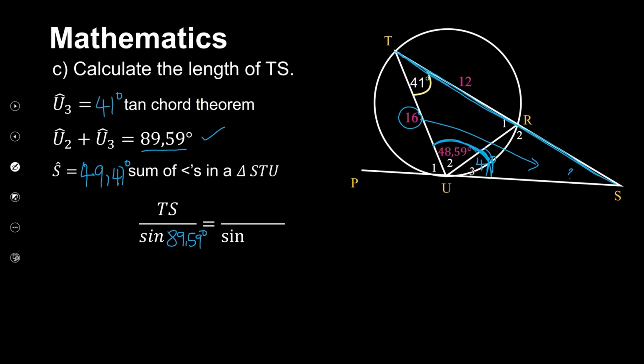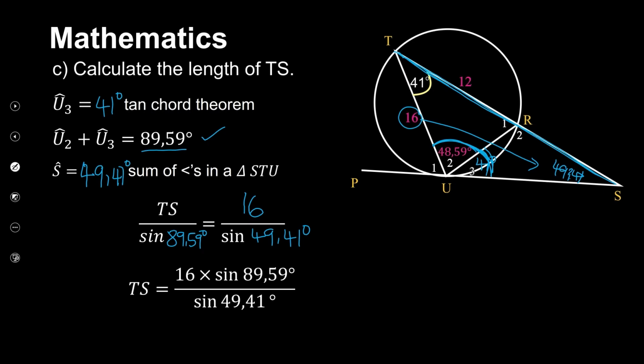And the angle across it was the angle S that we just found, which was 49,41. So it's going to be 16 over sine of 49,41 degrees. Okay, now we're going to rearrange that to make TS the subject of the formula. So it will be 16 times sine of 89,59 degrees divided by sine of 49,41. Put that into our calculator, and we end up with TS being approximately 21,07 centimeters.